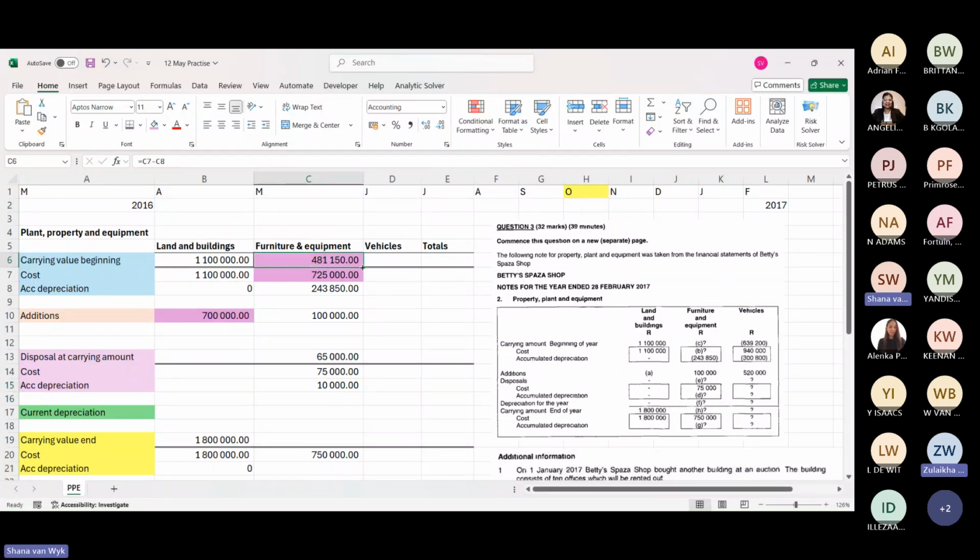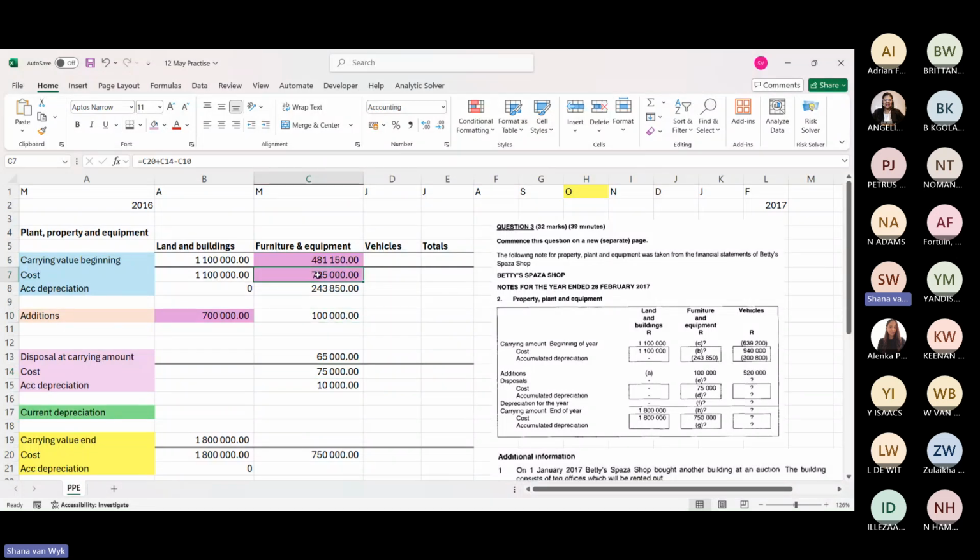Shana prepared for this PPE statement. Okay, so for number B there, I started at the end because that value is given for our cost, right? So 750,000. Then we have disposal cost, which is also given, 75,000. And then we have an additions cost, which is 100,000.